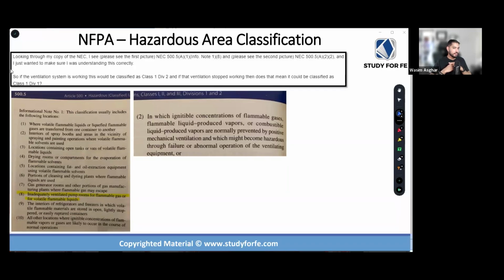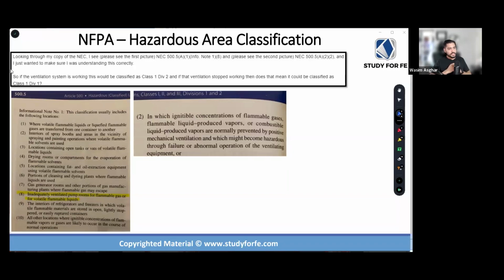Because NEC Chapter number 5 deals with what? NEC Chapter number 5 gives you a much broader and higher level overview of hazardous area classification, whereas 497, 499, and 30B are very, very specific. And we go through them in detail as well, right? But chapter number 5 is a good read, in my opinion.